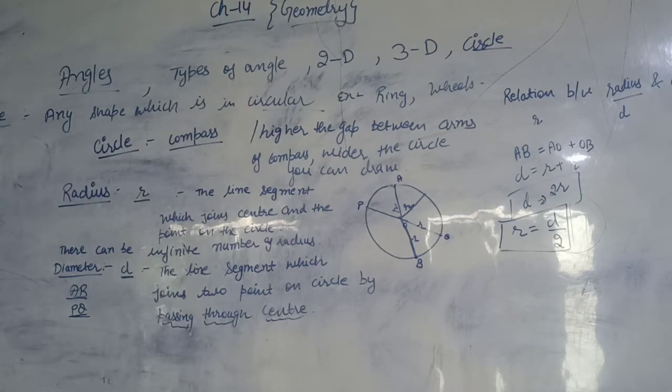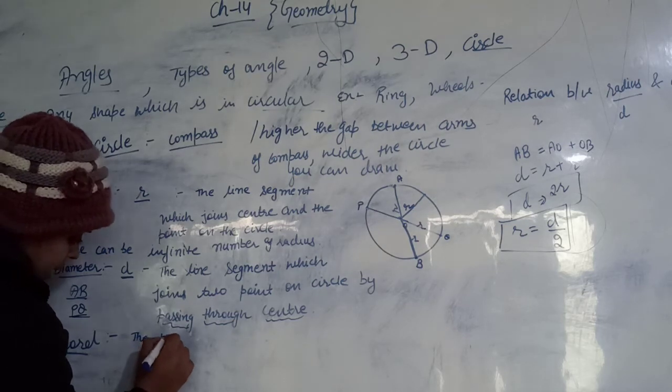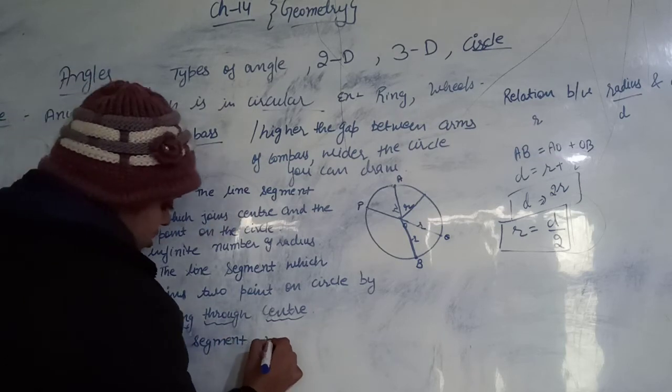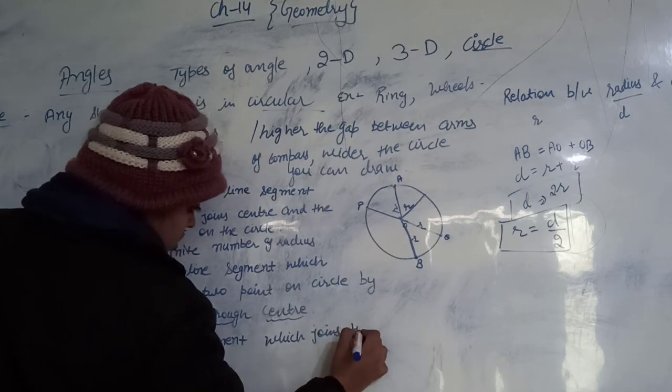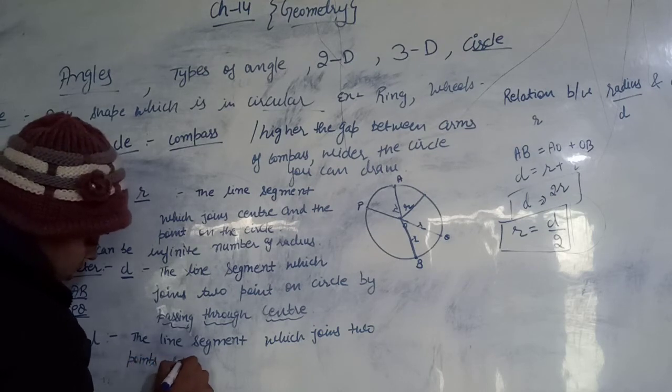After this, the next point in the circle is chord. Chord is the line segment joining 2 points on the circle.